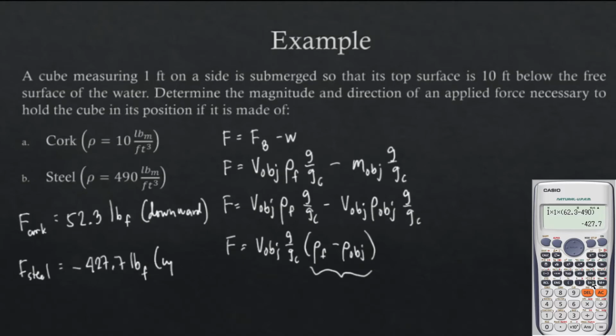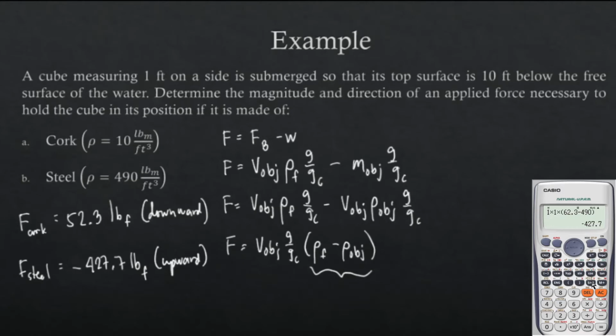This is an upward force. So for steel, we need to pull the cube upward just for it to stay in position, 10 feet below the surface of the water. If you let go of the steel, it would sink further down and that would remove it from equilibrium. So it needs the upward maintaining force in order to remain at its position.